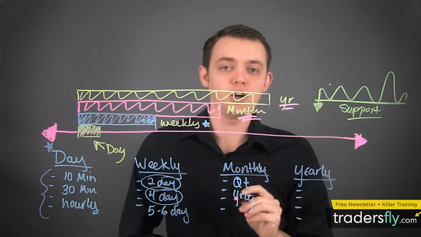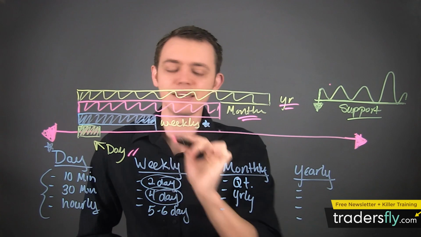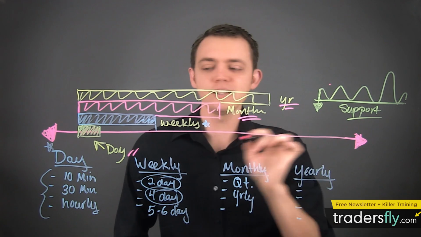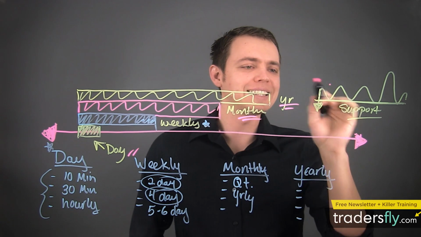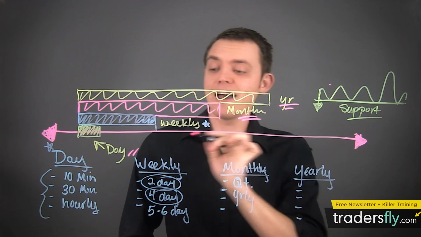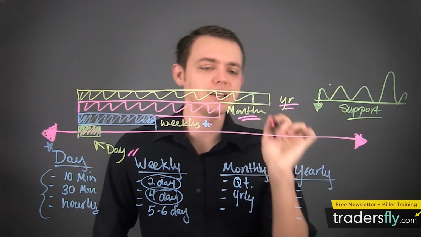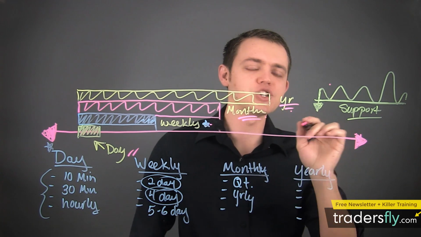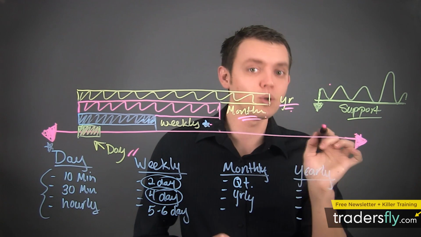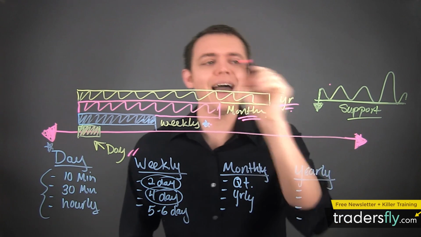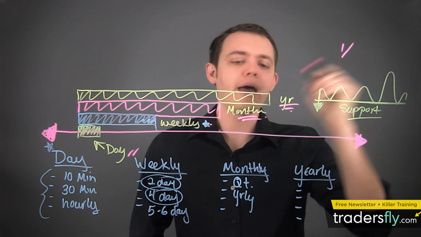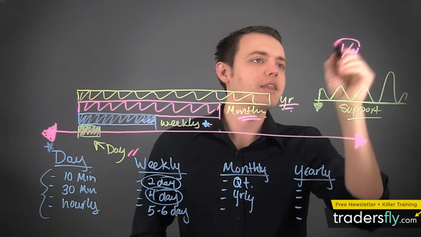Does the yearly also make sense? Does the daily make sense? So I'm looking to see, are all those things in alignment? If I have the weekly in alignment, but the monthly and the yearly show something completely different, if they don't line up, then I only have a 1 out of 4 that line up.